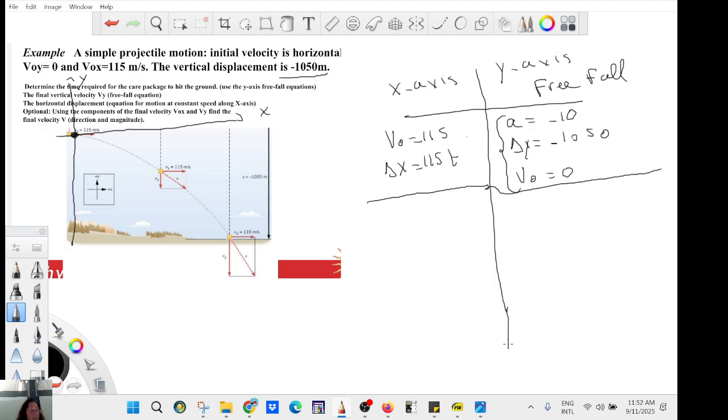Okay, and then you use your kinematic equation. So delta y, initial velocity, I don't know, so it's going to be minus 5t squared, which is negative 1050. Is that right or no?